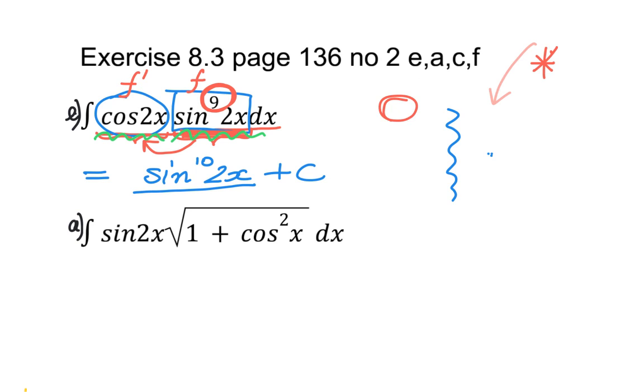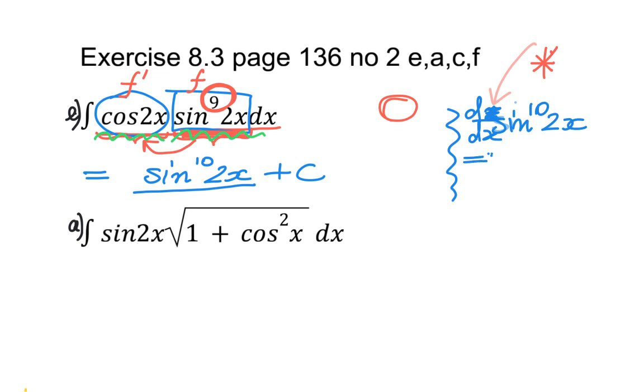Let's look at sine to the power of 10. So I have sine to the power of 10 of 2x, and I want to see what's going to happen if I differentiate this with respect to x.